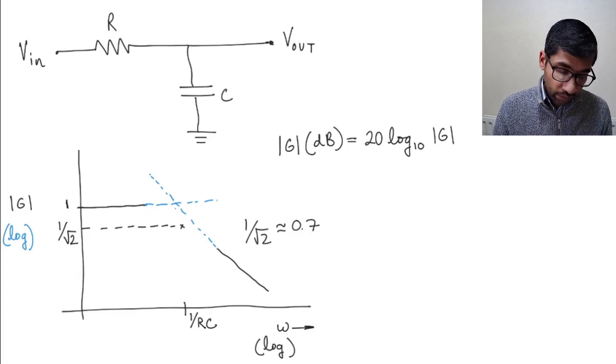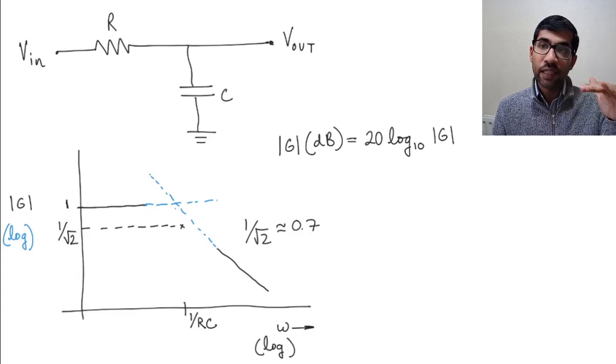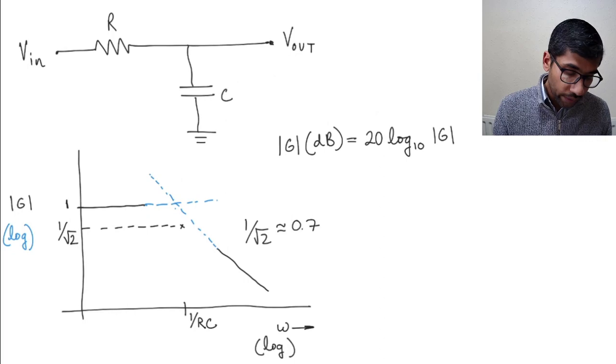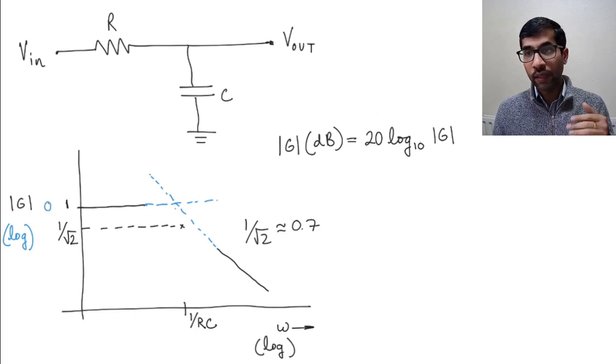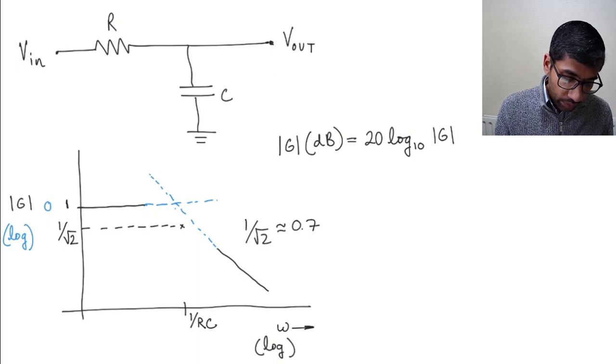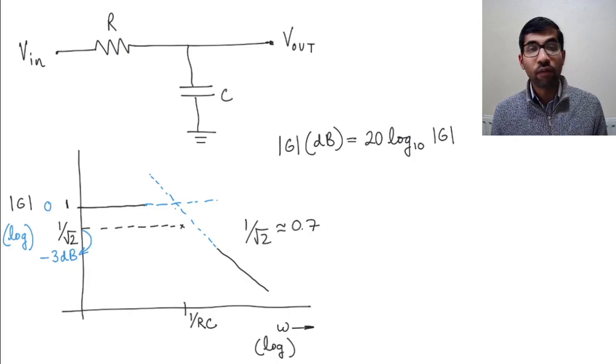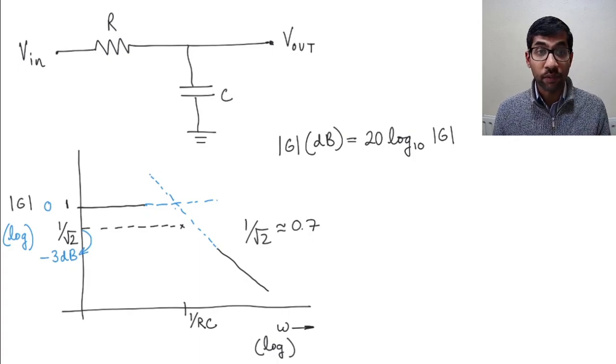And you can see that when you have a gain of 1, the gain in dB is 0 dB. And 1 over square root 2, if you calculate it, comes out to be minus 3 dB. So the gain at the cutoff frequency is given as minus 3 dB.